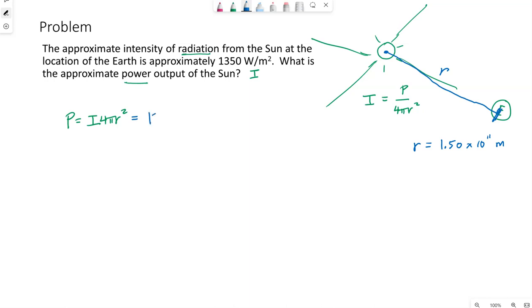So the intensity, 1350 watts per meter squared, we're multiplying this by the area, so 4 pi r squared.